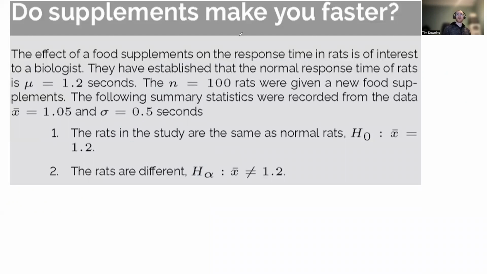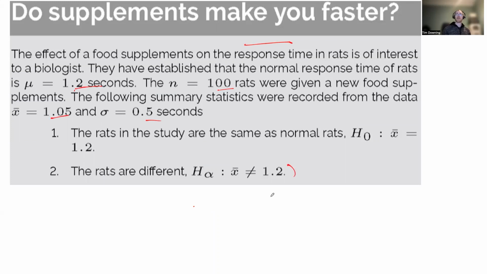So you're looking at the response time in rats in seconds. They established that the normal response time is 1.2 seconds. You've got 100 rats with a mean of 1.05 and a standard deviation of 0.05. So you're going to say that the rats are assumed to be the same as normal rats in terms of their response time. And the alternative is that they're not.